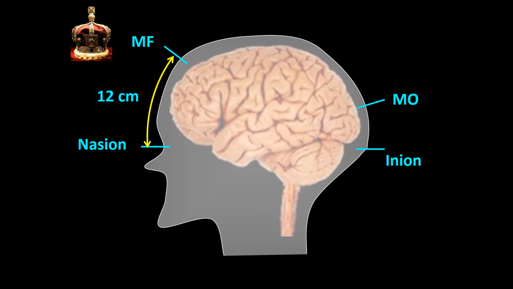Then we go to the Nasion and measure 12 centimeters up and label the spot mid-frontal. Then we go 5 centimeters back from there and label another spot MP for mid-parietal. The last spot we label is the vertex, which we would use as ground.